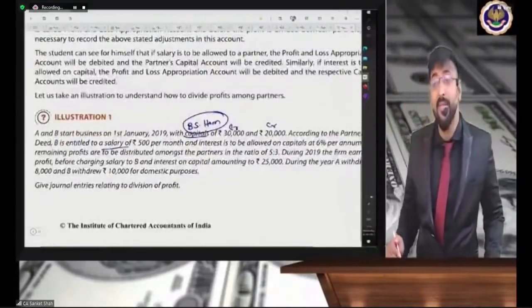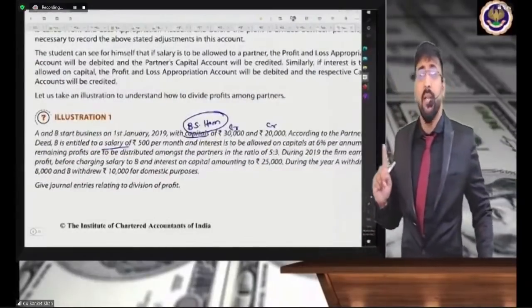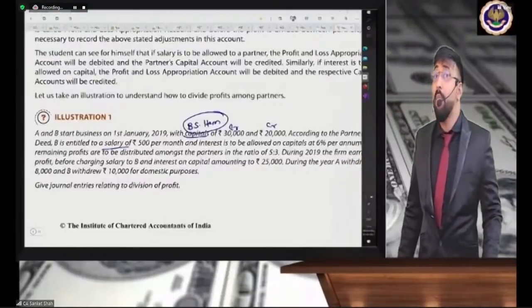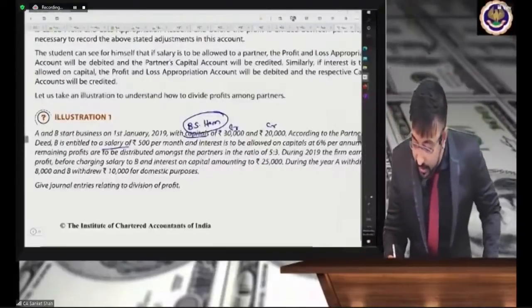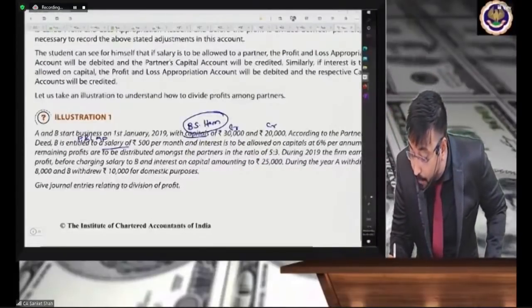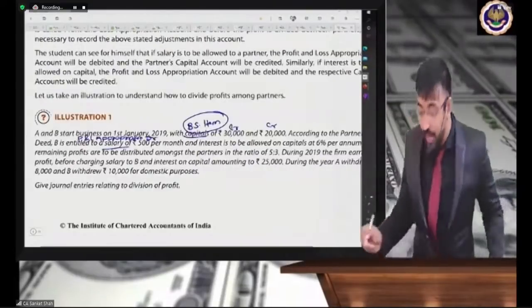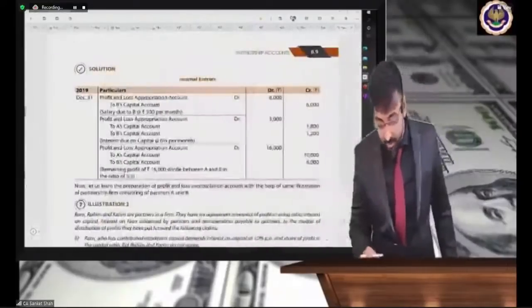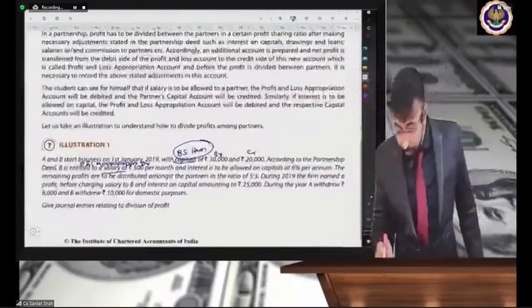But remember, this salary is related to the partner. Any partner-related expenditure or income is not transferred to P&L account, but to profit and loss appropriation account. So write down over there, P&L appropriation account debit. Okay, sir, we got this concept.